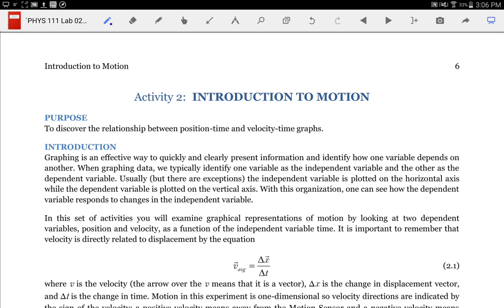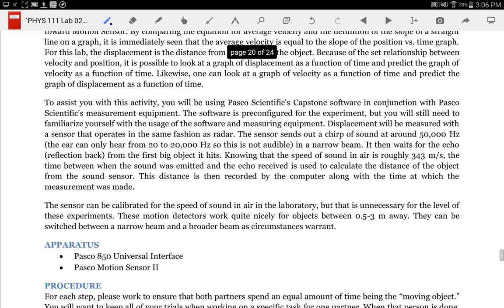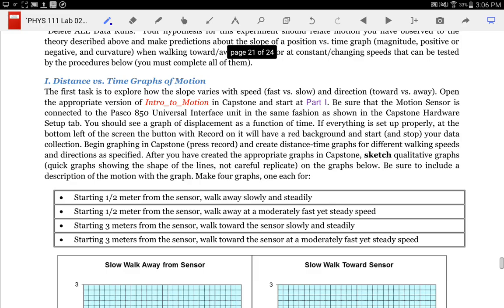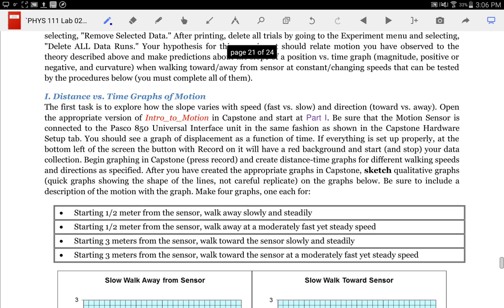What we're going to be doing is making graphs of ourselves moving to analyze it. So if you look in the lab guide, you've got a nice page here of introductory material. Look how quickly I went through that. Here's our instructions. The first thing you're going to do is make a graph of your motion, the position as a function of time.